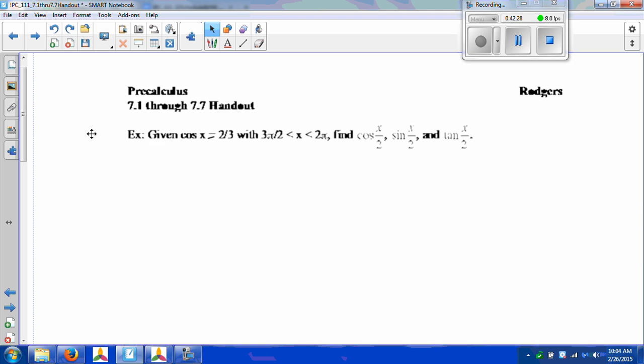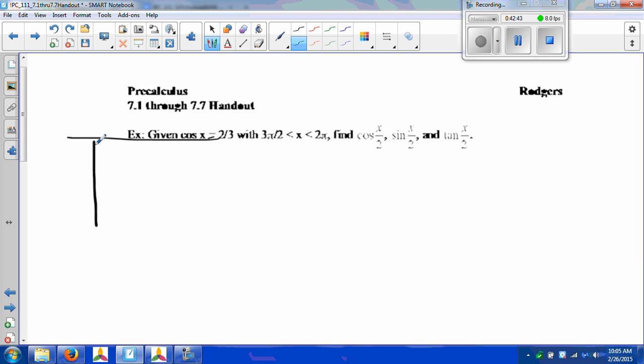So I'm going to draw my triangle in quadrant 4. I probably need to change that to a pen first. Let me try that again. Wow, that was hideous, but whatever. I need to draw that in quadrant 4, and then I'm going to label it.